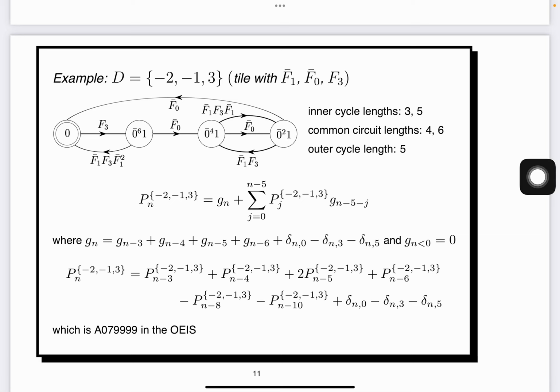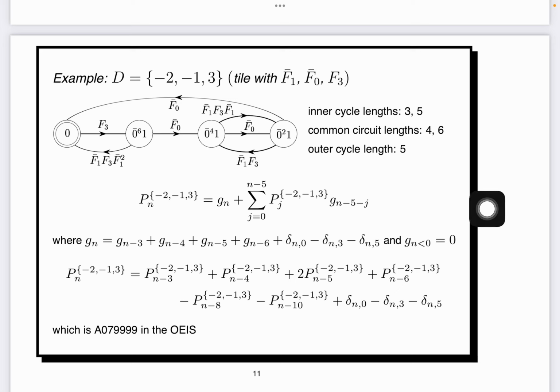So plugging these numbers in gives us, from our main theorem, this result here, where our generalized Fibonacci sequence is this G. The 3, 4, 5, 6 come from these numbers here, and the outer cycle length 5 appears in these 5s here.